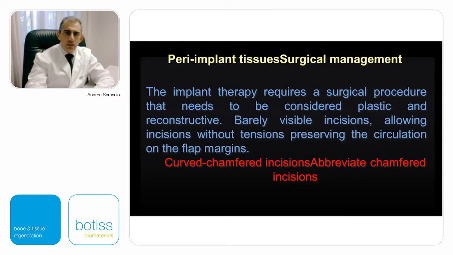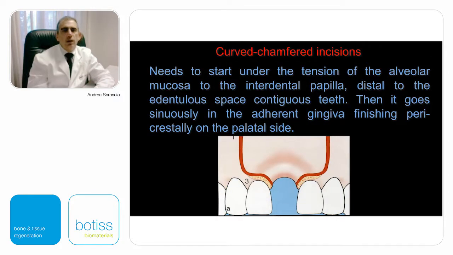For the curved-chamfered incision, the curve needs to start under the tension of the alveolar mucosa to the interdental papilla, distal to the edentulous space, contiguous teeth. Then it goes sinuously in the adherent gingiva, finishing pericrestally on the palatal side.